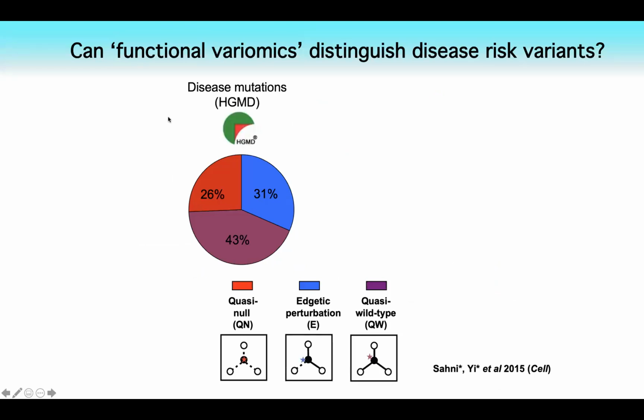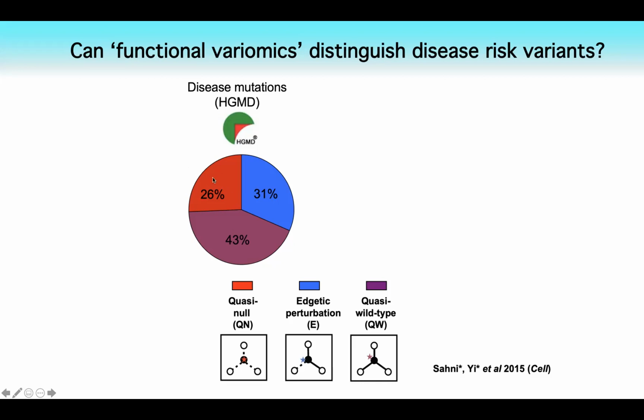This study demonstrated that functional variomics, the approach that we took, can distinguish different disease variants. So essentially you can stratify disease risk.